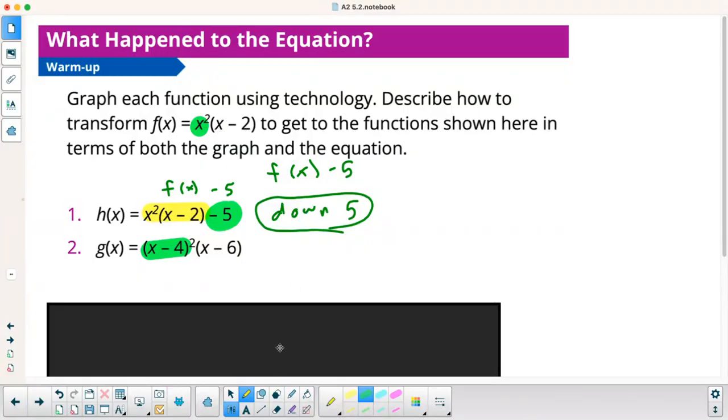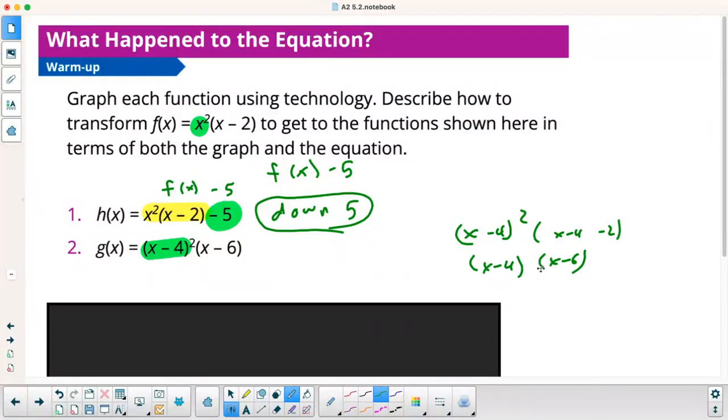It's almost like I replaced the x with, let me come down here. So instead of x squared, it's x minus 4 squared. And then instead of x minus 2, it's almost like it's x minus 4 minus 2. And then if you get rid of these parentheses and combine those terms, it's almost like how they get the x minus 6.